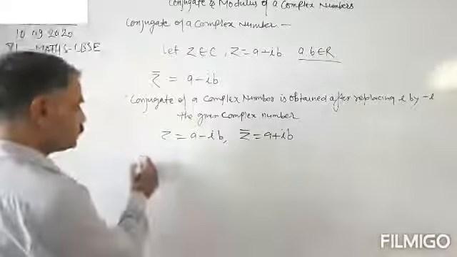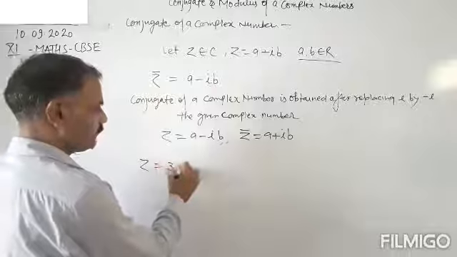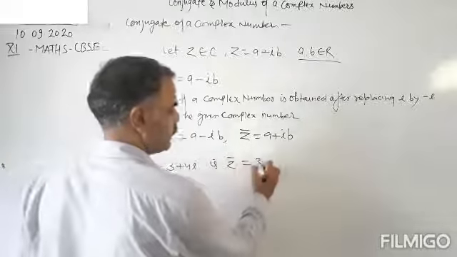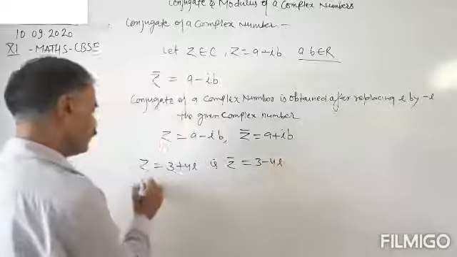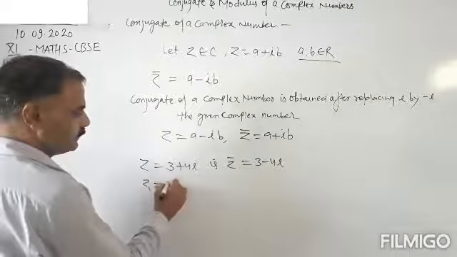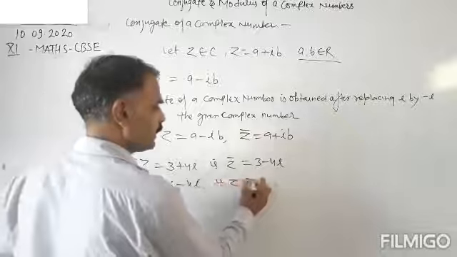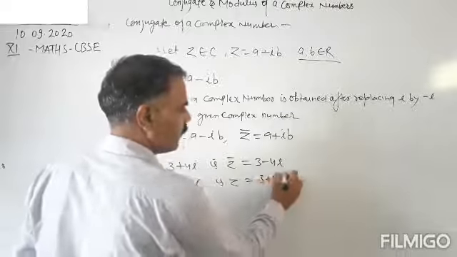So the conjugate of the complex number 3 plus 4 iota is z bar, that is 3 minus 4 iota, or the conjugate of z equal to 3 minus 4 iota is 3 plus 4 iota.